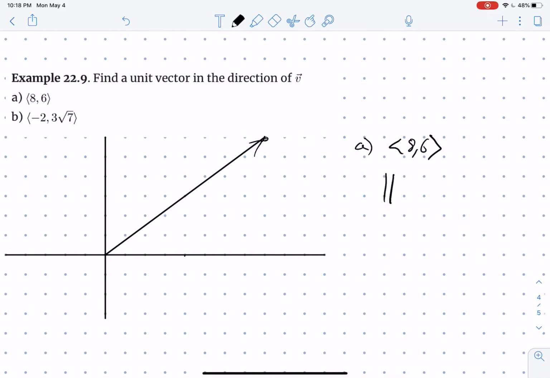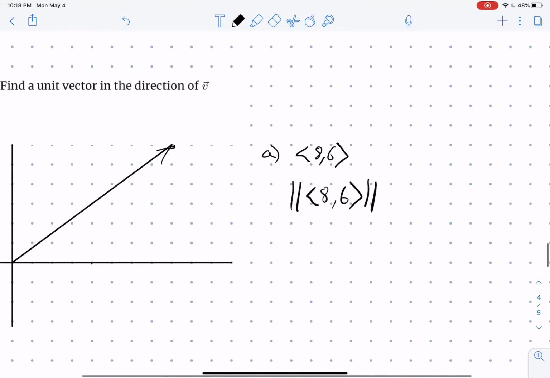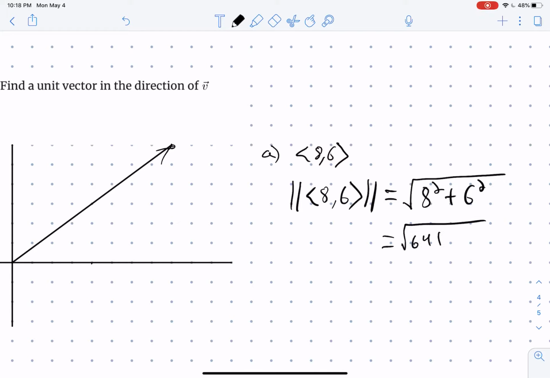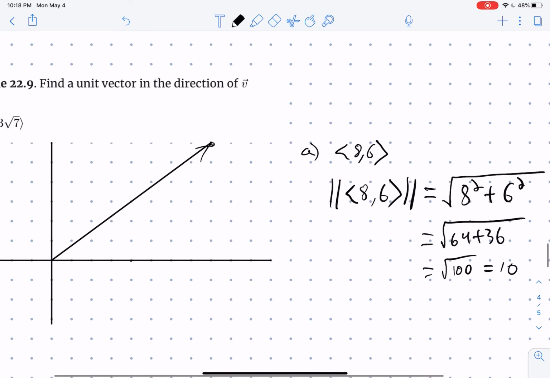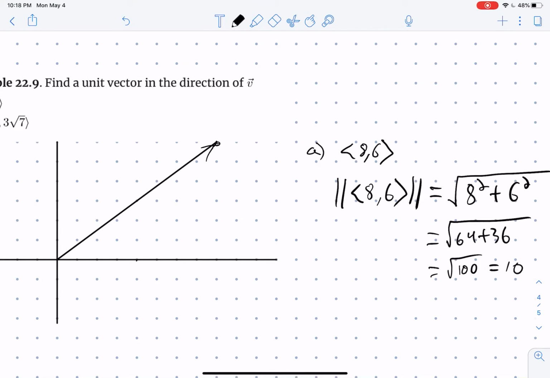The magnitude of the vector 8, 6 is the square root of 8 squared plus 6 squared. That is the square root of 64 plus 36, which is the square root of 100, which is 10. So this vector 8, 6 has length, or magnitude, 10.